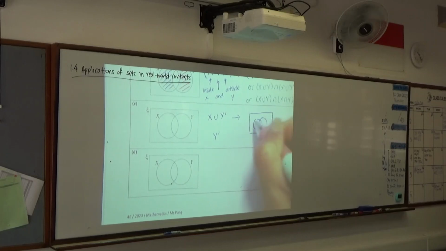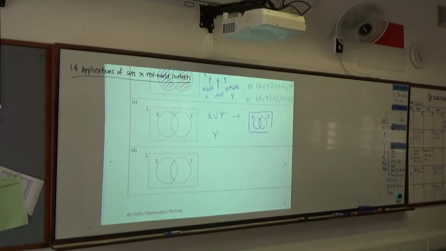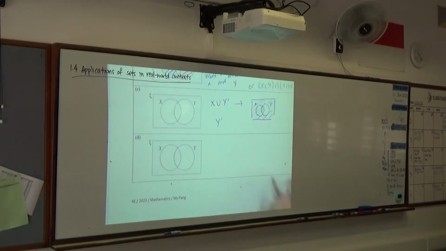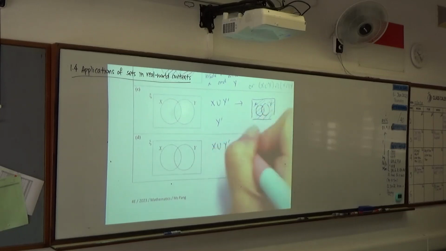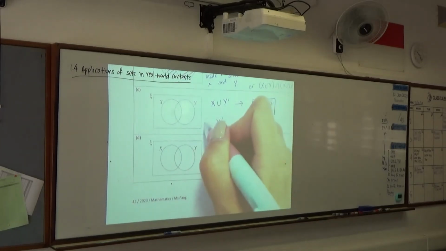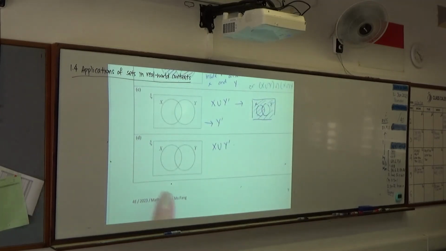X union Y prime should actually look something like this, whereby this intersection portion is being shaded as well, which effectively is your answer in E. So this one's answer is Y prime, part D's answer is X union Y prime.